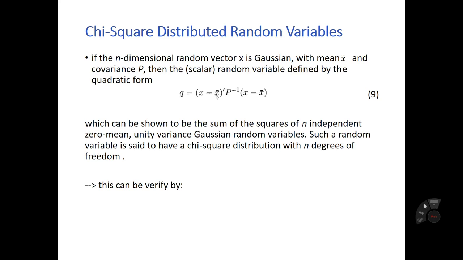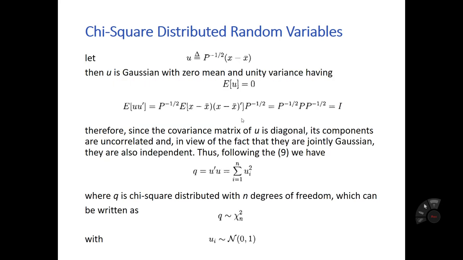So here we just replace u and P minus 1. So here q equals u transpose into u, which equals the sum of this thing, where q is chi-square distributed with n degrees of freedom, which can be rewritten like this.